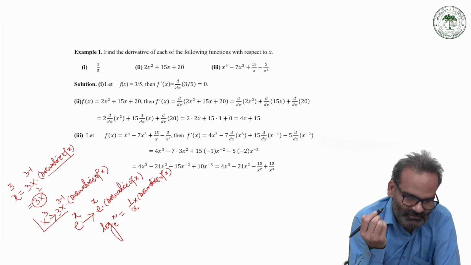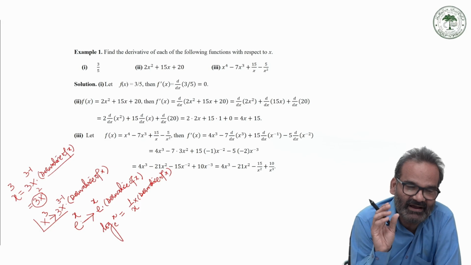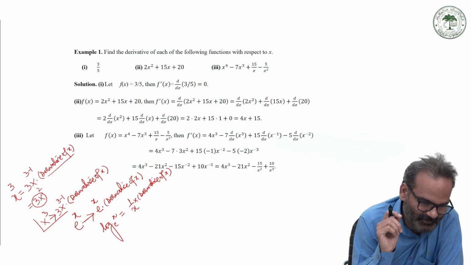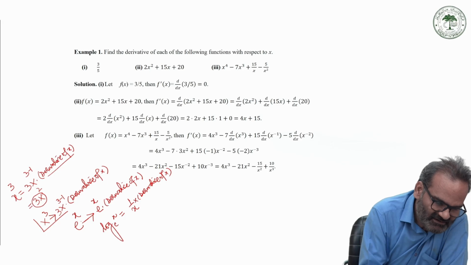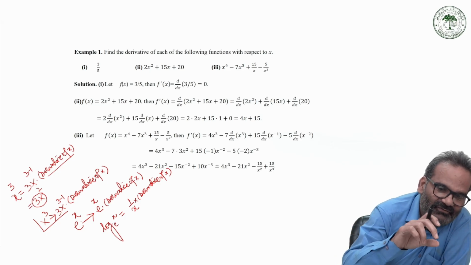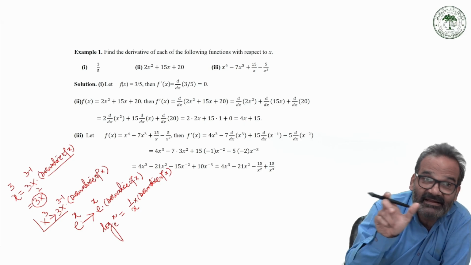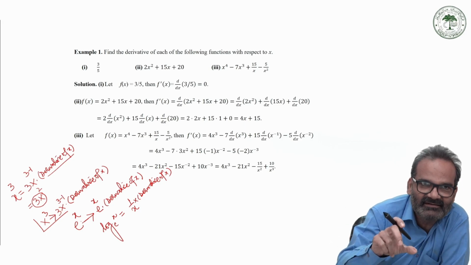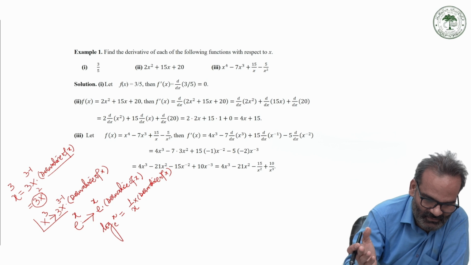So what I want to explain before you, try to understand the technique or the trick. All these formulas which we have discussed are given for x. If x is replaced by any other variable, then the formula will remain the same, but the derivative will also change.